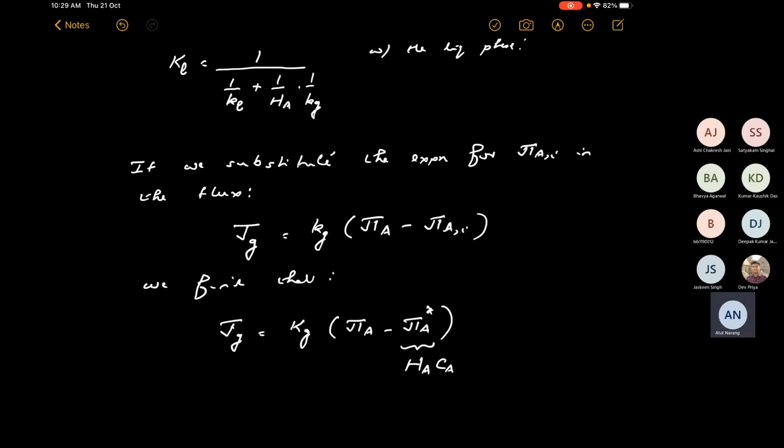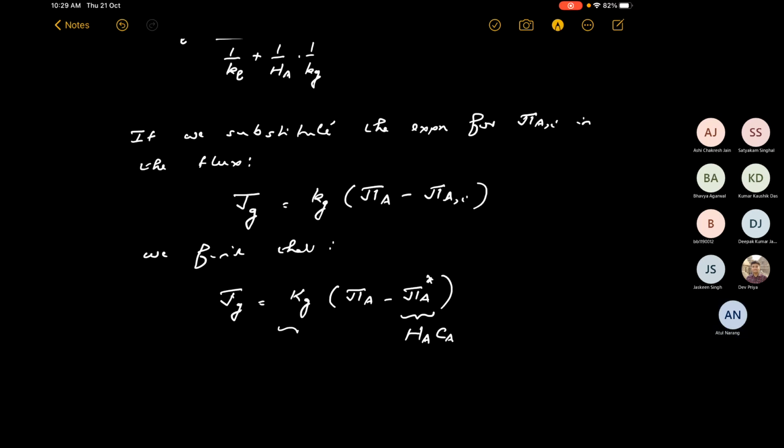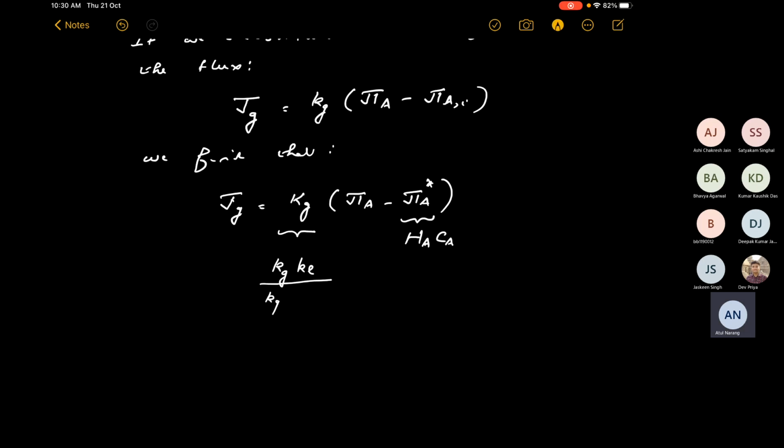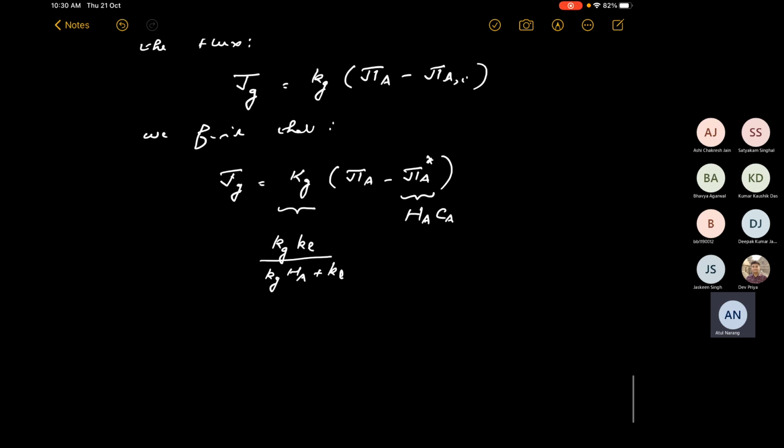Okay? And Kg, it turns out, will be equal to kg kL divided by kg HA plus kL. Or, by dividing the whole thing, you can put it in another form: equal to 1 divided by HA over kL plus 1 over kg.